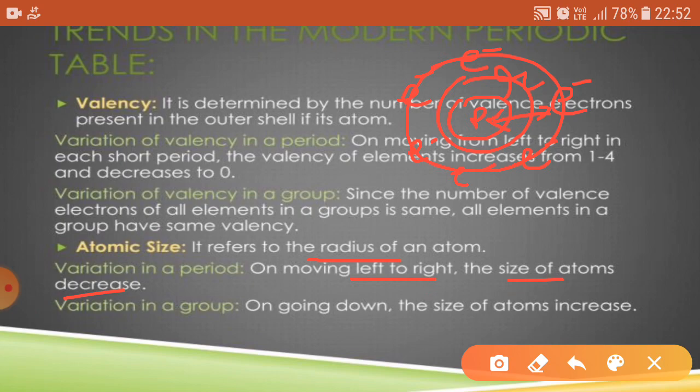Now the trend down the group. On moving from up to down, the size will increase because the number of shells will increase.